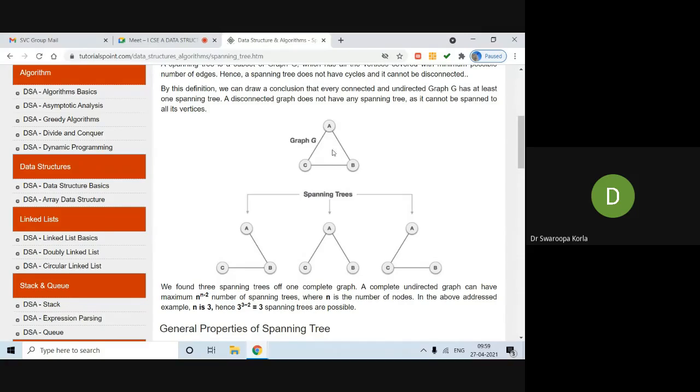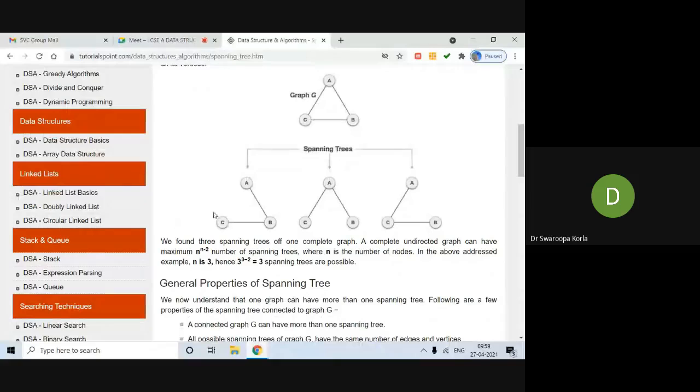This is what I am calling a cycle. But according to the rule of a spanning tree, we should not have cycles. So if I remove the edge A to C, all the vertices are present here and the cycle is removed. So this is a spanning tree.